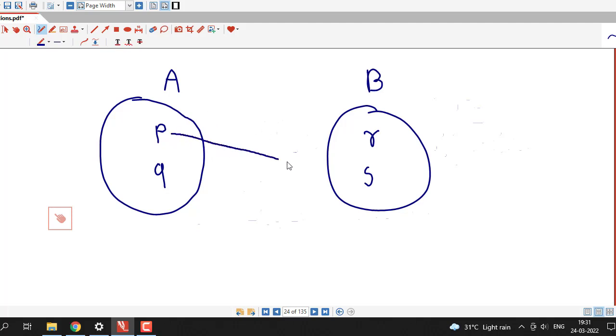So suppose I consider the image of P as S, then the image of Q must be equal to R if we want to define a 1 to 1 function.